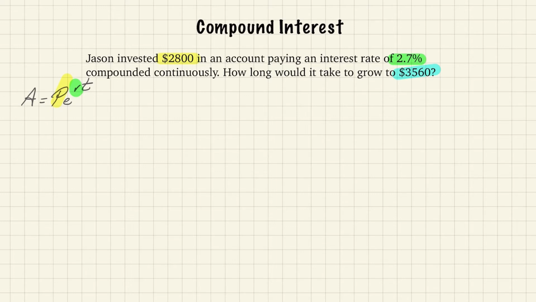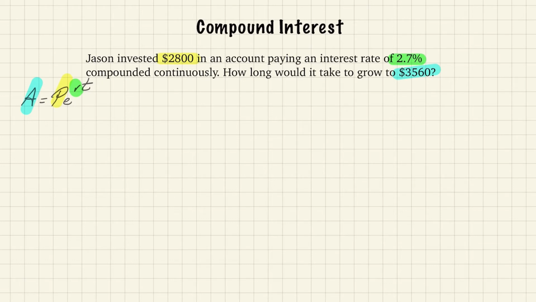The 3560 is the amount, the future amount. And one other piece, how long would it take? That's T, this is what we're trying to find.